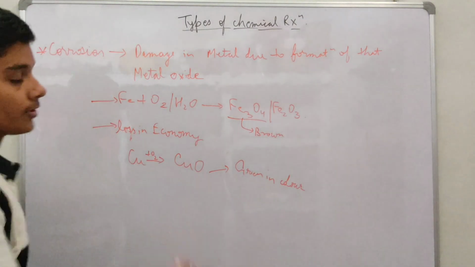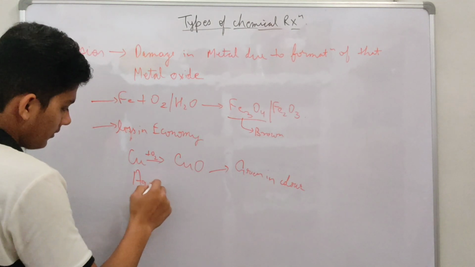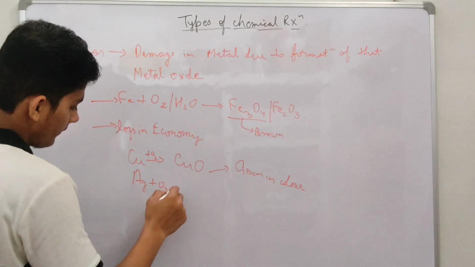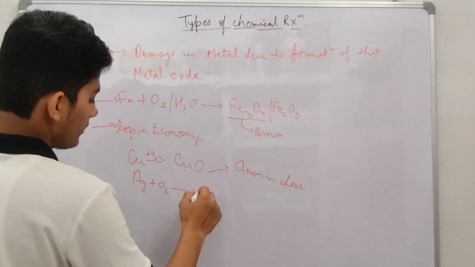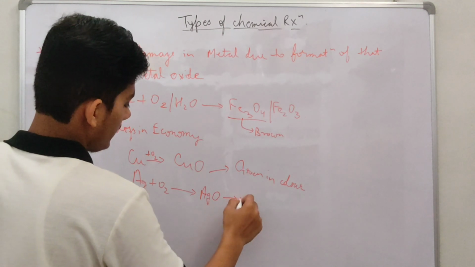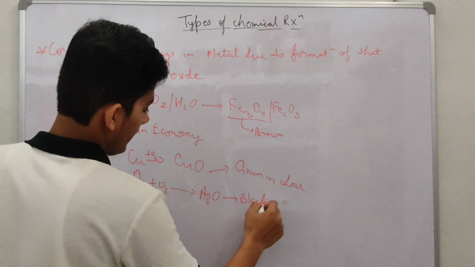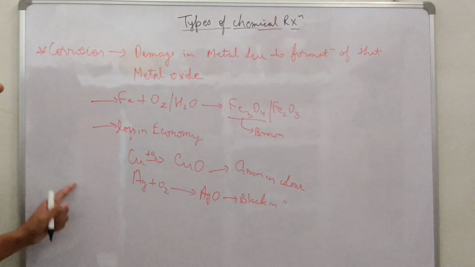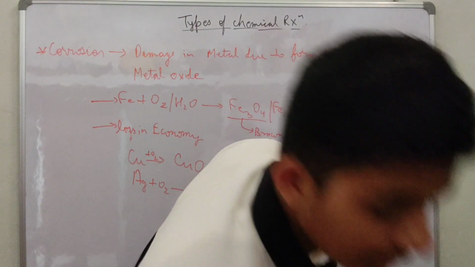Here the color of copper oxide is green. Silver also undergoes corrosion, and AgO is formed, which is black in color.